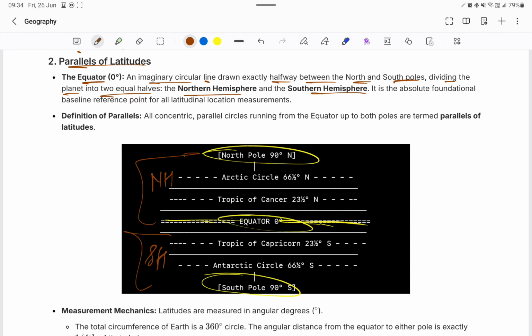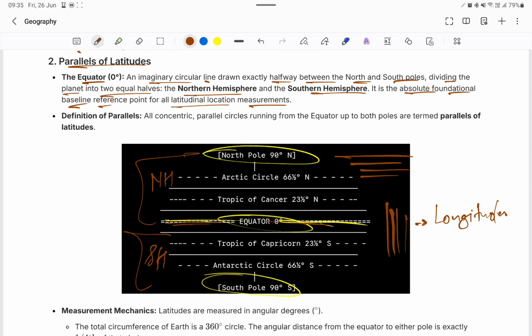It is the absolute foundational baseline reference point for all latitudinal location measurement, because this row line is called latitude, and this vertical column line is called longitude.